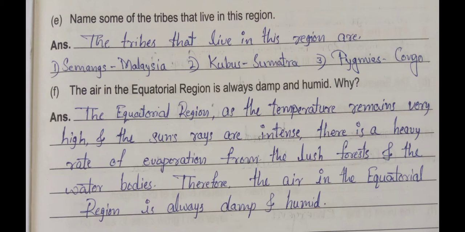Therefore, the air in the equatorial region is always damp and humid.